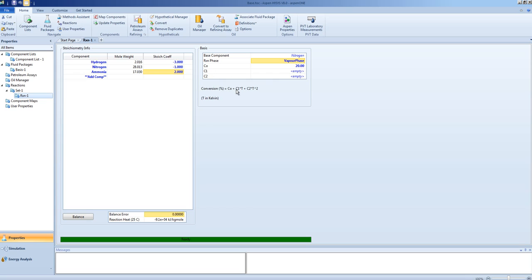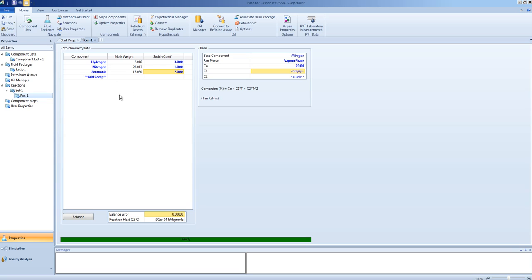Note also, we can have a conversion based on temperature as well as some constant conversion, where C1 can be applied to T and C2 to T squared, where C1 and C2 can be positive or negative in order to achieve a fit for conversion.